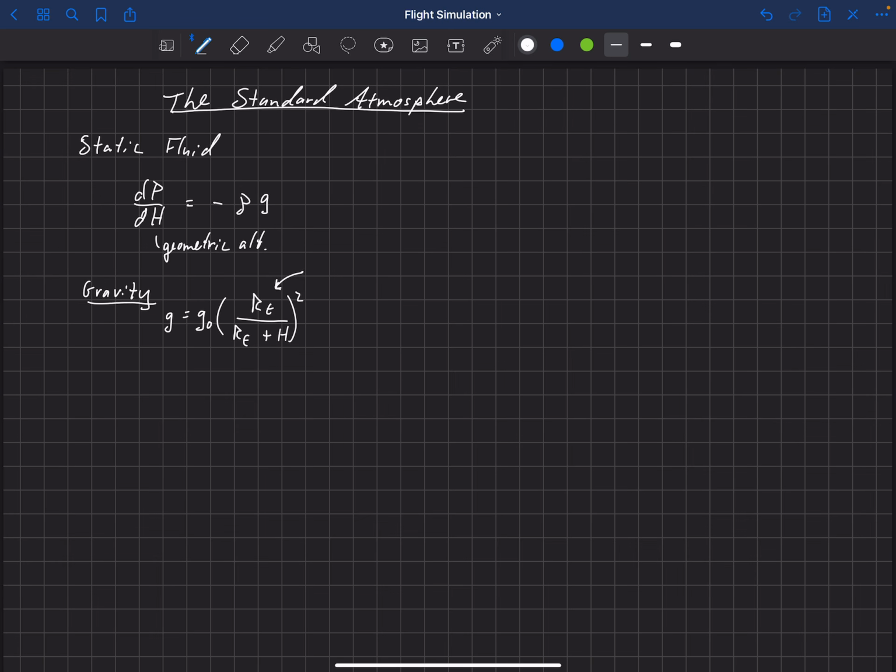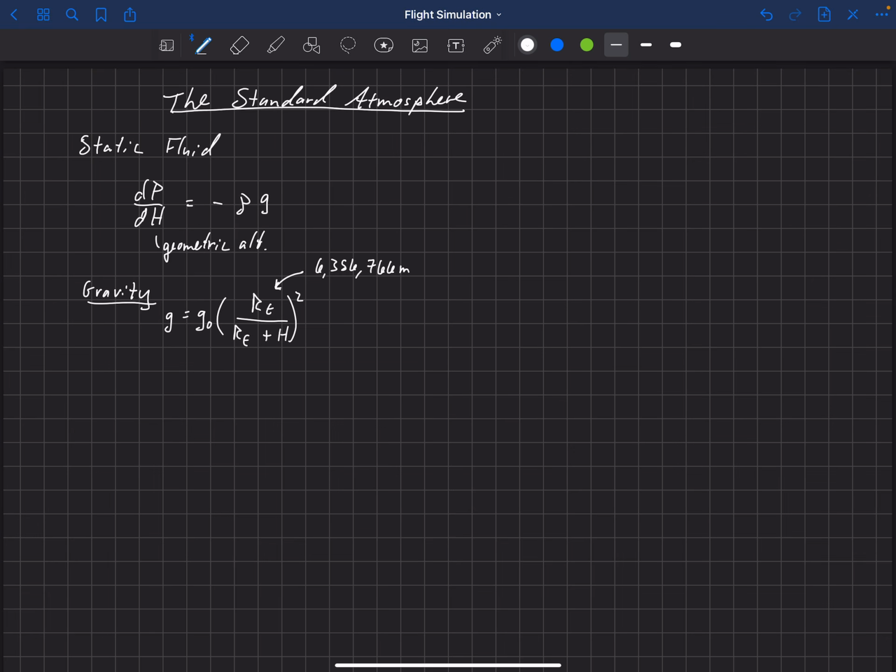And that radius of the Earth is kind of an average radius at mean sea level, which is equal to 6,356,766 meters. I'm going to be using the metric system in the units here, but you can also obviously convert this to English units.